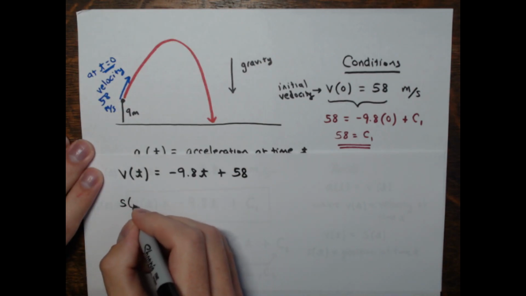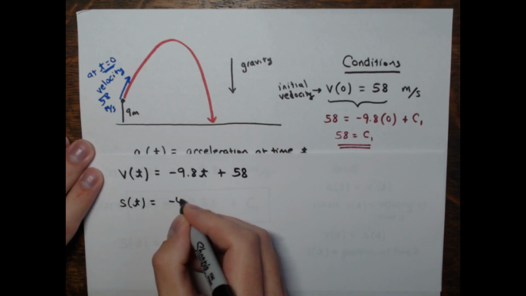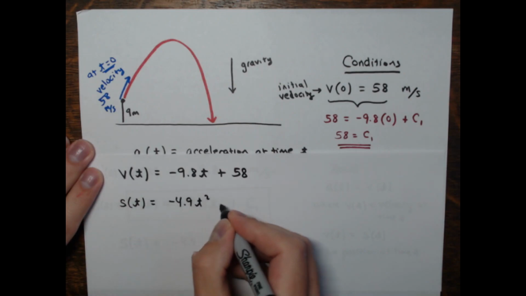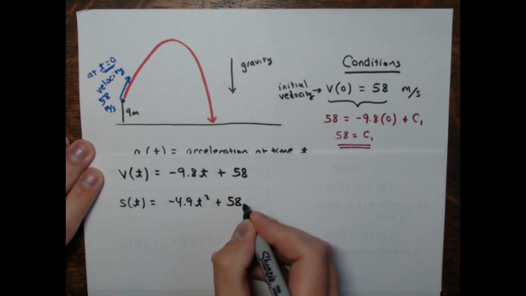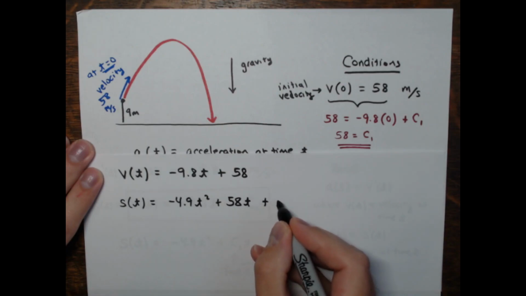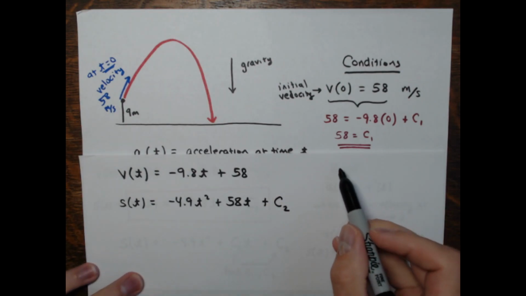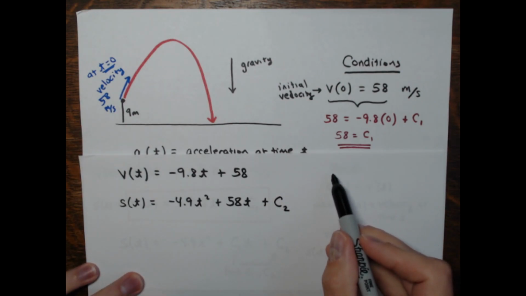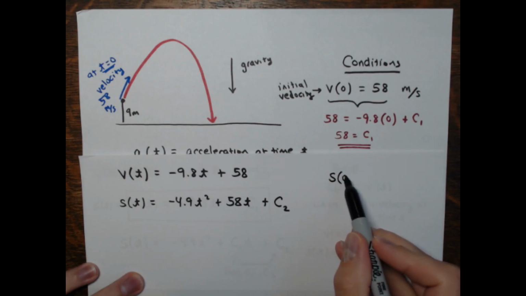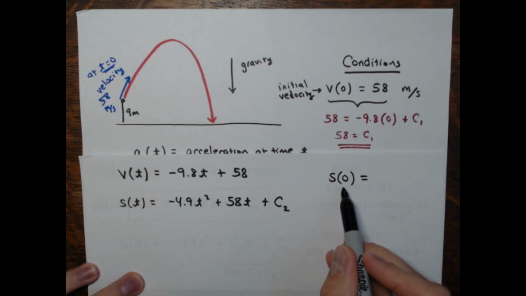And so s of t, that would be negative 4.9t squared plus 58t. And now I have to find this c2 using the other condition we were given, s of 0, the initial height, the initial position.